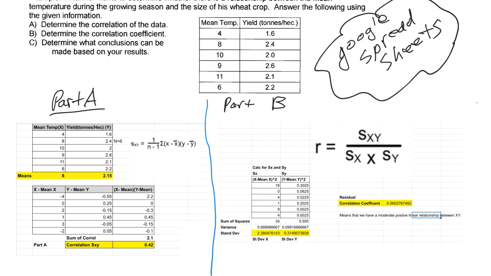So the correlation coefficient is SXY, which is what we calculated in part A. And then we had to just basically square the means. So for this one, this is the square of that.